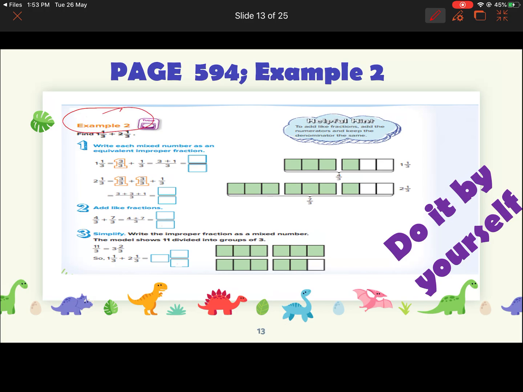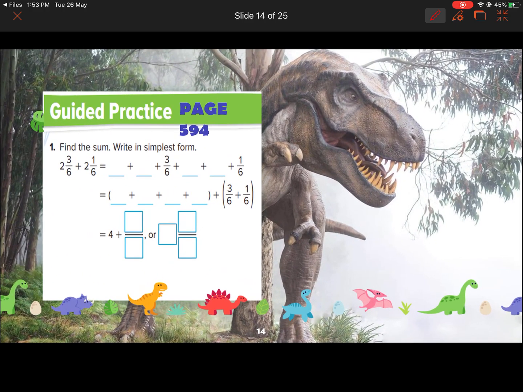Example number 2, you can do it by yourself. Now let's see the guided practice. Find the sum and write it in the simplest form. So we have the mixed numbers 2 and 3/6 plus 2 and 1/6. First of all, we are going to decompose the whole numbers in a sum of wholes.